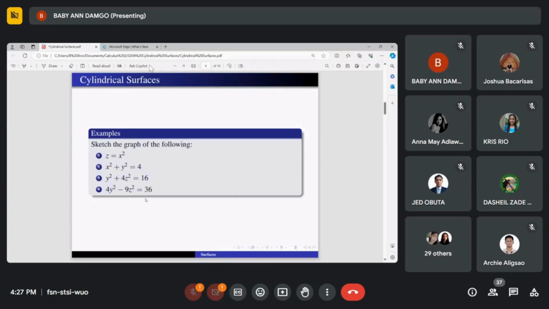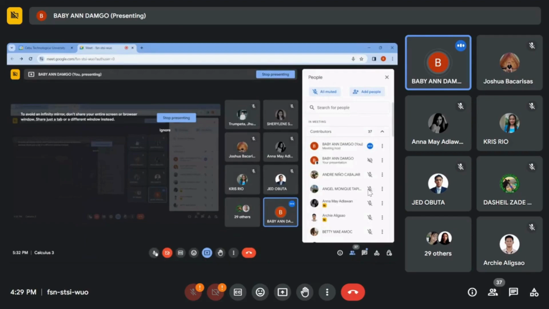Okay. So, the answer of Jed is correct. So, the graph of 4y squared minus 9z squared equals 36 is like a hyperbola. So, we have 4y squared minus 9z squared is equal to 36.